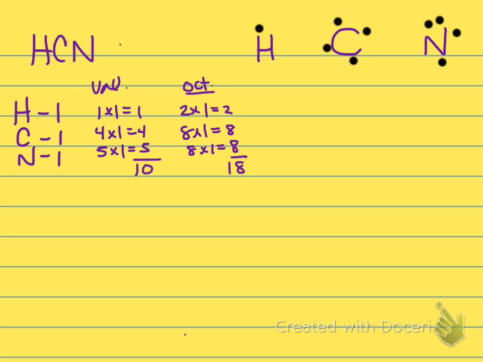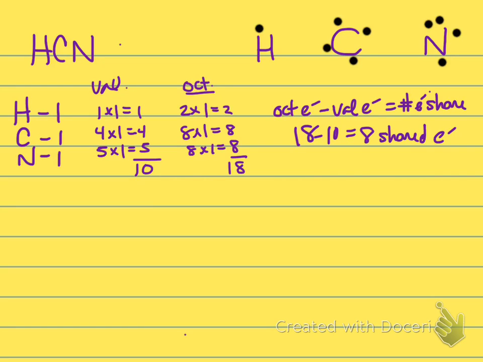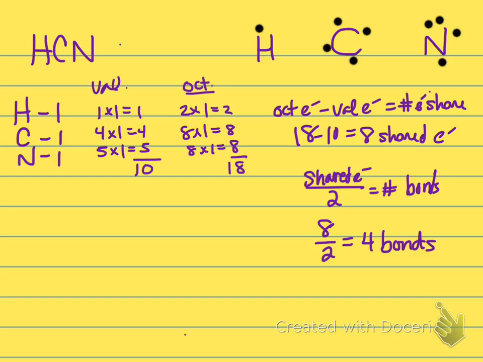And I find that these are coming in with 10 valence electrons, and I've got 18 octet electrons. Okay, so subtracting valence from octet will show me the number of electrons shared, which in this case is 8. Well, dividing my number shared by 2 gives me the number of bonds, and I find that this compound is going to show 4 bonds. And it's going to have 2 unshared electrons. Let me fix my nitrogen right now.